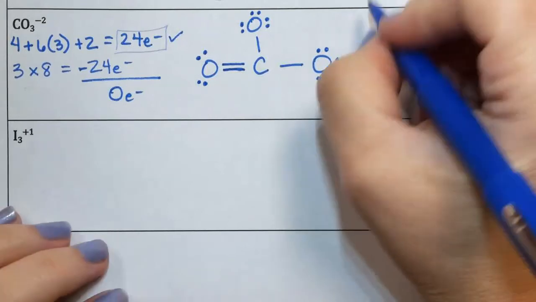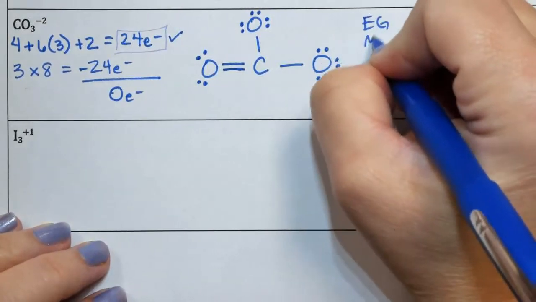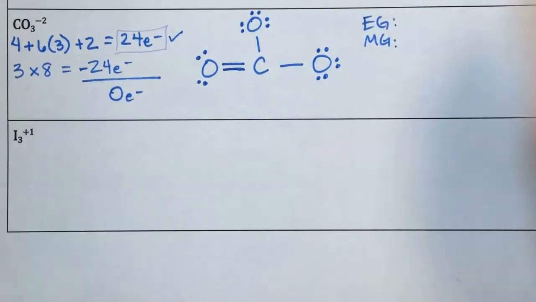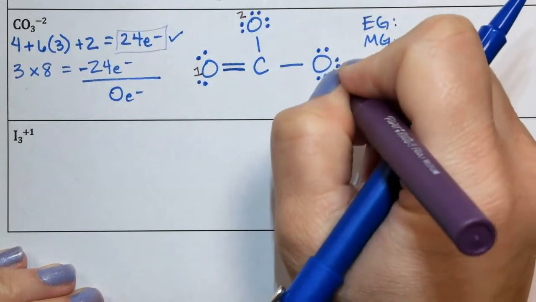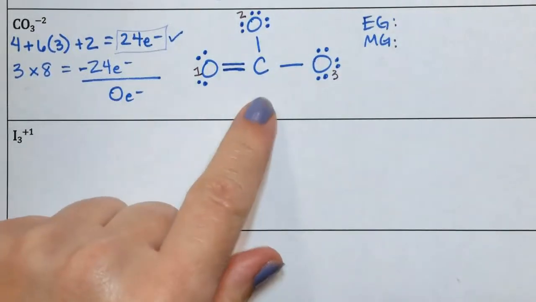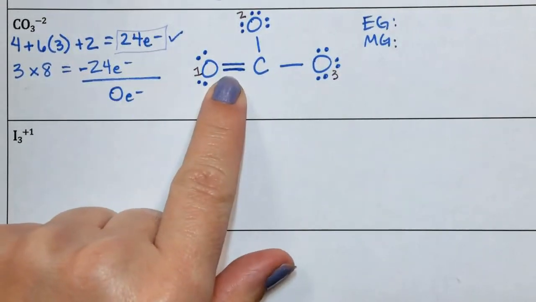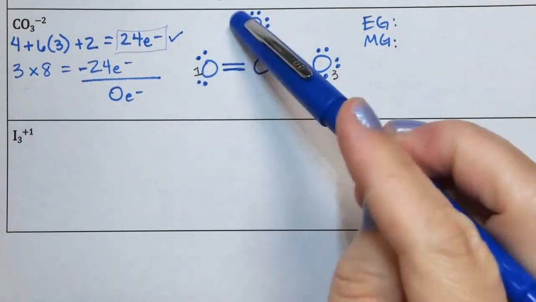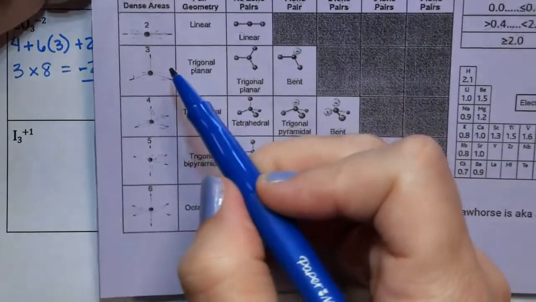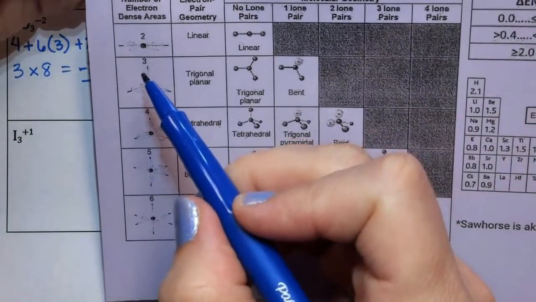Now I'm going to go look up the electron geometry and the molecular geometry. So for my electron geometry, I have 1, 2, 3 things surrounding the central atom. Notice it doesn't matter that this is a double bond. I'm just counting the oxygens. So because I have 3 things surrounding the central atom, that means that I have 3 electron densities.